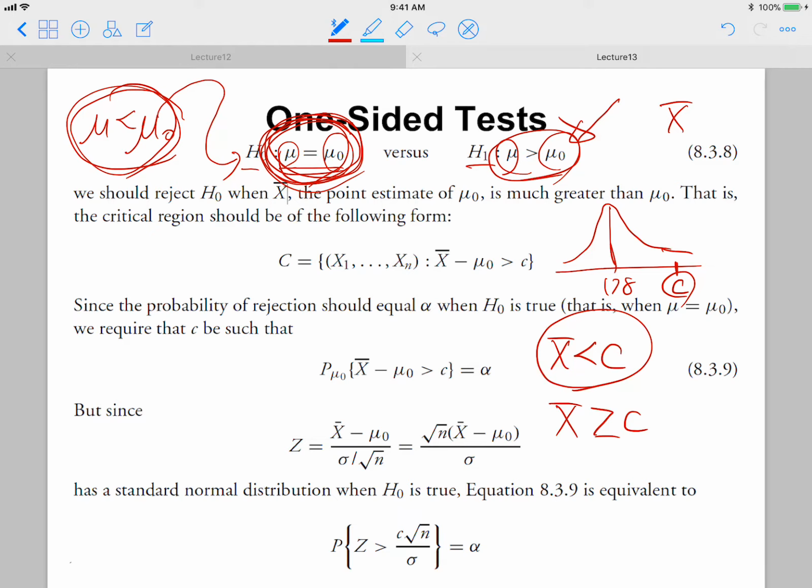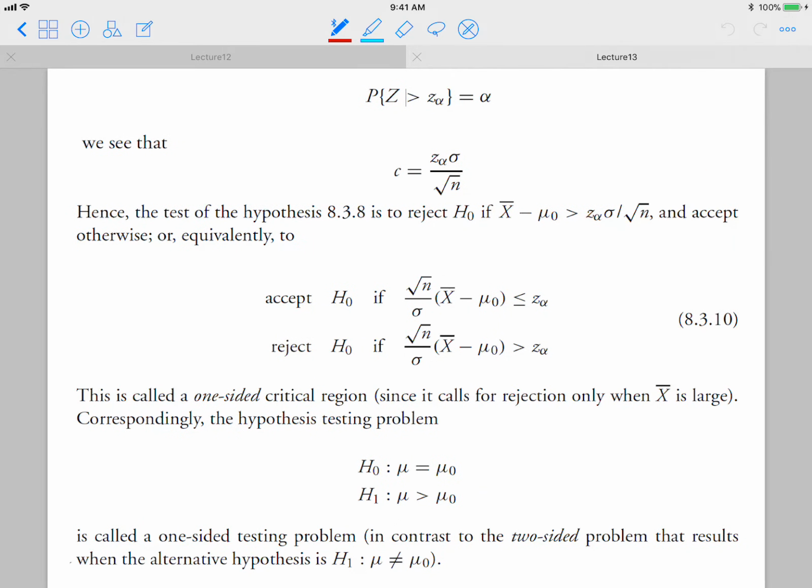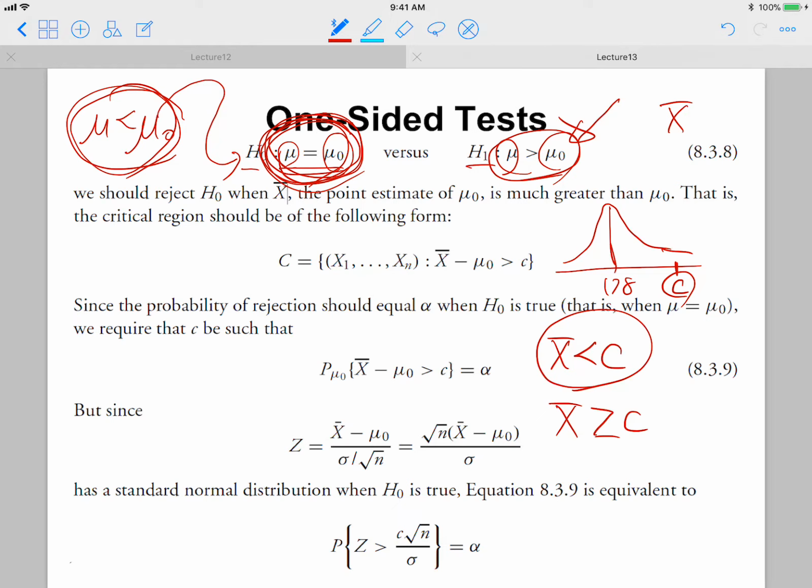That way we can easily decide the direction of the inequality. Okay, so these are the acceptance region, and these are the rejection region or critical region, right?